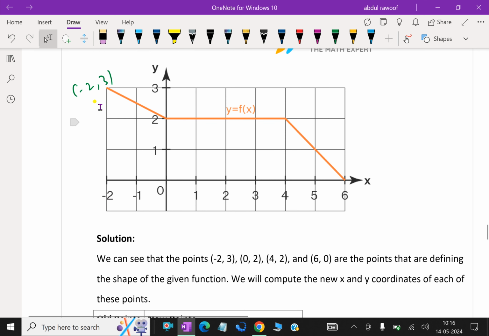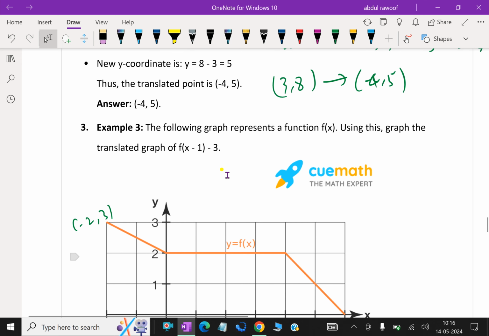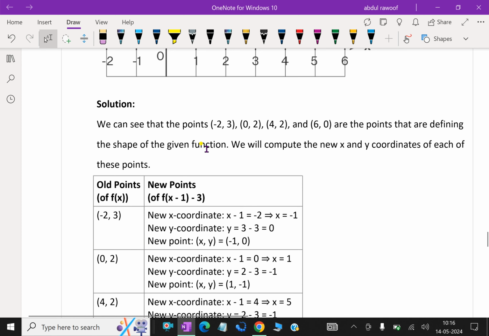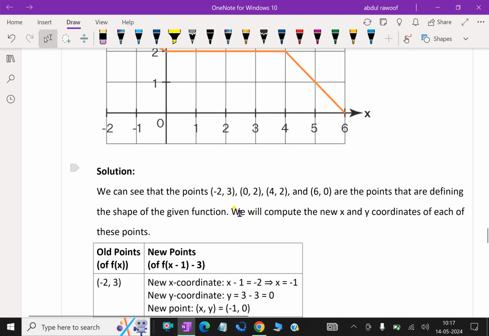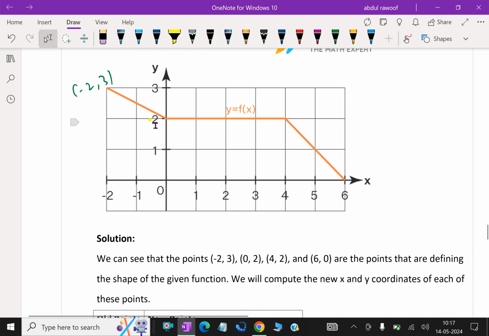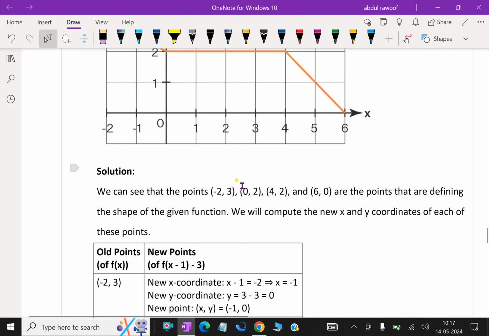Now this point is translated as f(x - 1) - 3. The old point is (-2, 3).